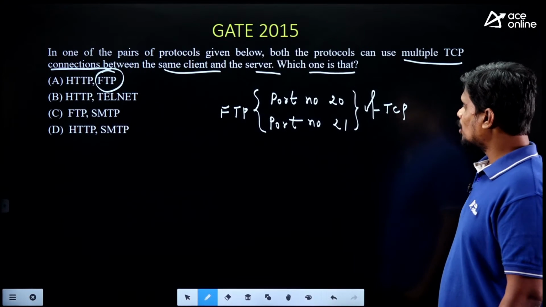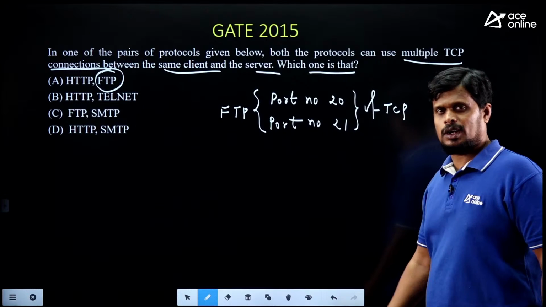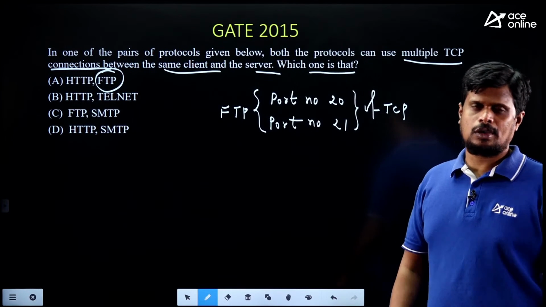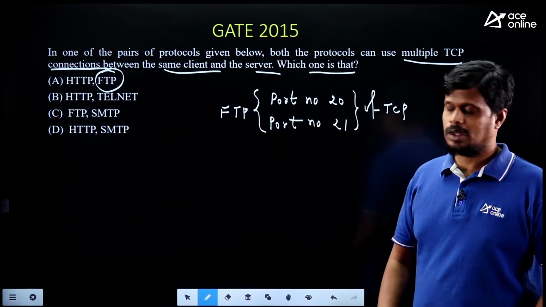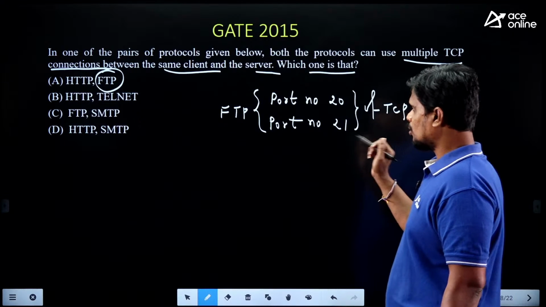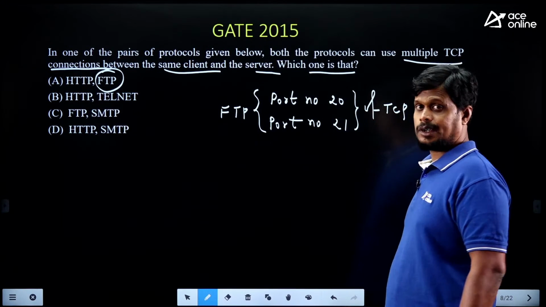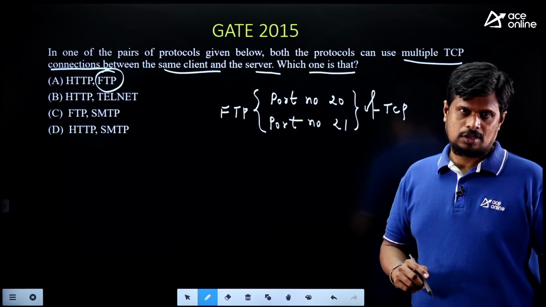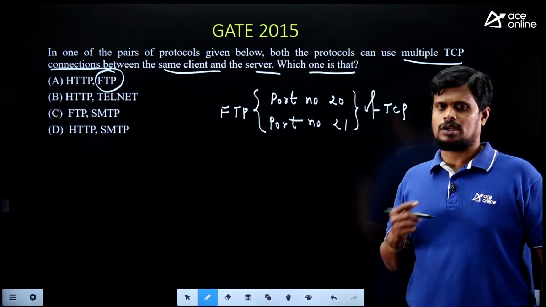Port number 20 is for data transfer and port number 21 is for connection control. For connection control we are using a persistent connection, and for data transfer we are using non-persistent connections.